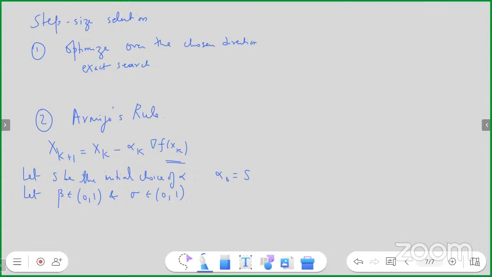So alpha_0 is s. At any time step, at iteration k, try to use alpha_k equal to beta^m times s, satisfying the following.